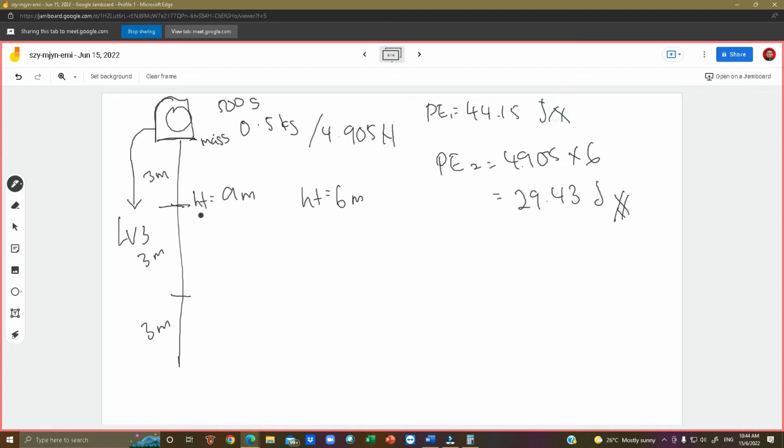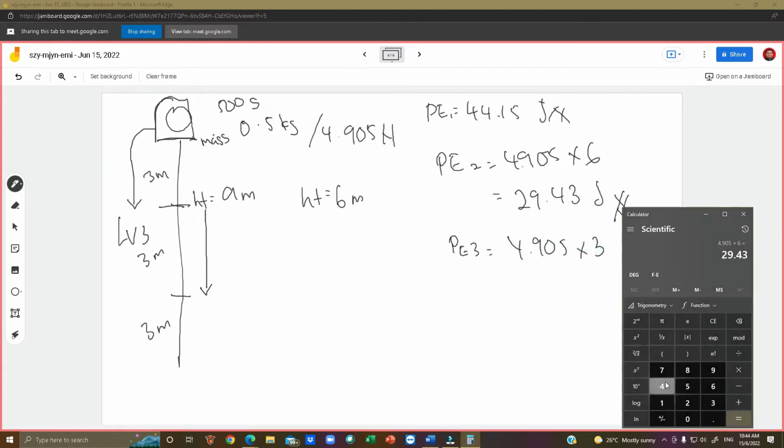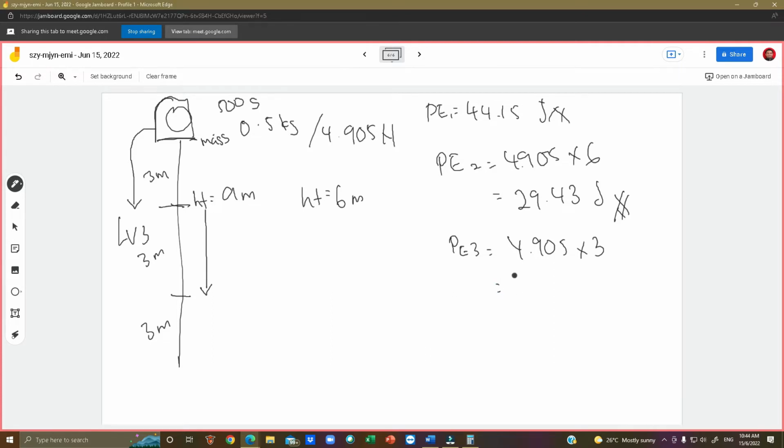And further down, the amount of potential energy will reduce. Okay, kita kira potential energy yang ketiga pula. It will be 4.905 times 3. Okay, tengok baik-baik. Sekejap lagi kita ada satu benda yang kamu kena ingat sampai bila-bila. 14.72 joules.